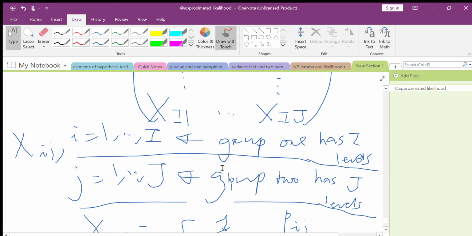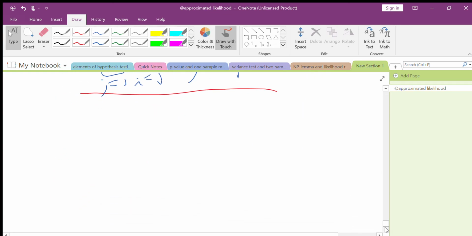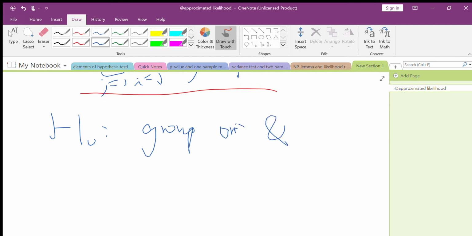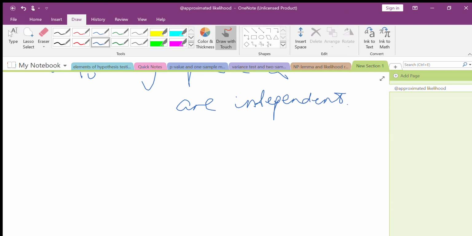So what is our hypothesis of interest? This is an independence test. Our null hypothesis is that group 1 and group 2 are independent, and the alternative hypothesis is not H null.